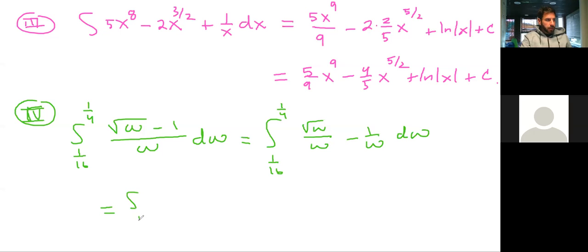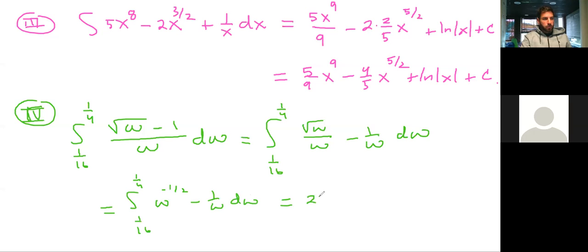And then the square root of w over w is the same thing as w to the negative 1/2, and this is 1 over w. So now I know how to get the antiderivatives.